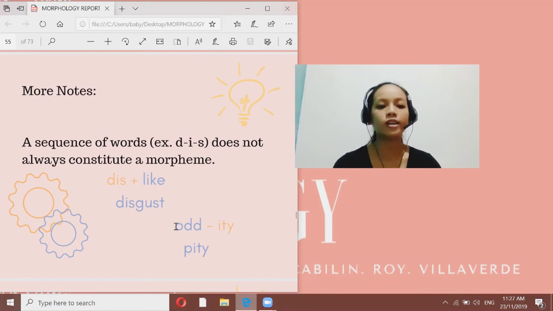The same goes with the free morpheme odd followed by ity, to form the word oddity. This is a complex word different from pity because pity is just a simple word. We can't separate the p from the ity. So a sequence of words does not always constitute a morpheme.